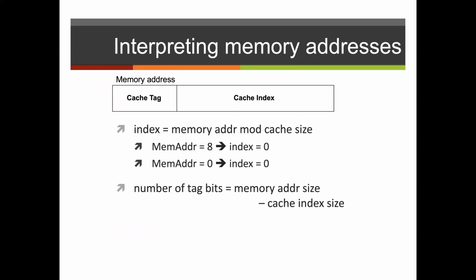So each index is going to be the memory address mod cache size. And so if memory address 8, cache size of 8, then the index is going to be 0. If the memory address is 0, modulo 8, the index is 0. And the number of tag bits is going to be equal to the memory address size minus the cache index size.